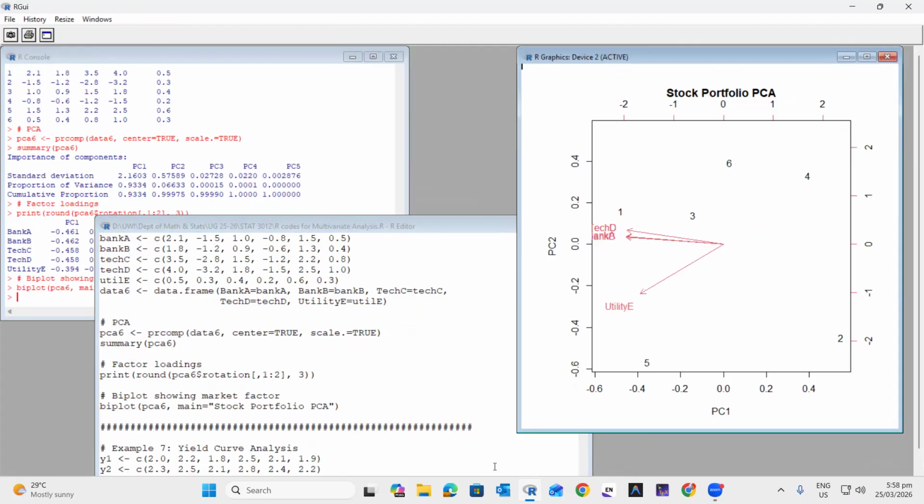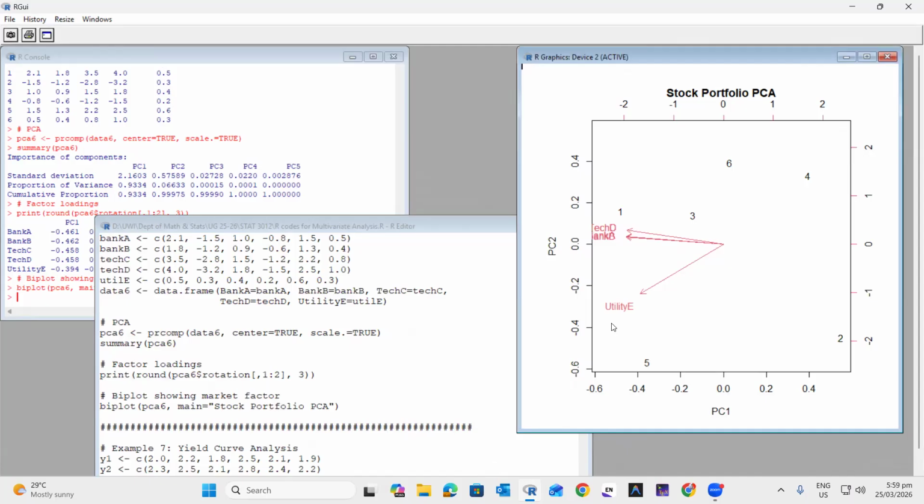Tech C and tech D are also nearly parallel and close to the bank arrows, which suggests the tech stocks move with the banks, basically high market beta assets. The utility arrow points in a very different direction, downwards on the left. So it explains that utility stock behavior diverges significantly from the bank and tech stocks. PC1 captures the shared market movement of the banks and the tech, and PC2 separates the utilities.